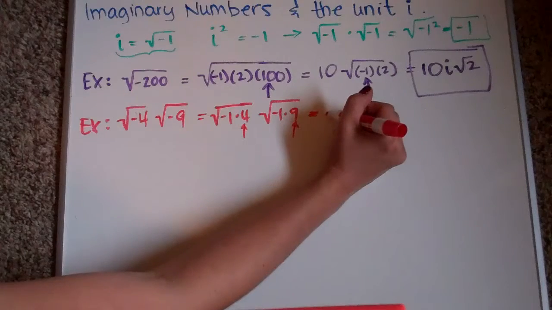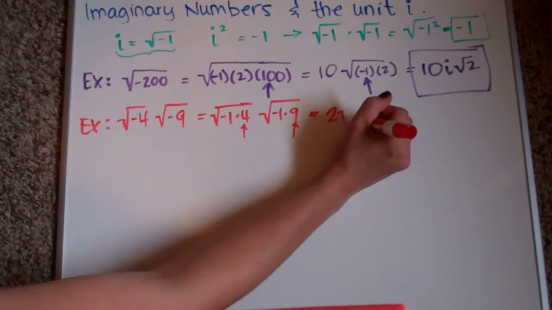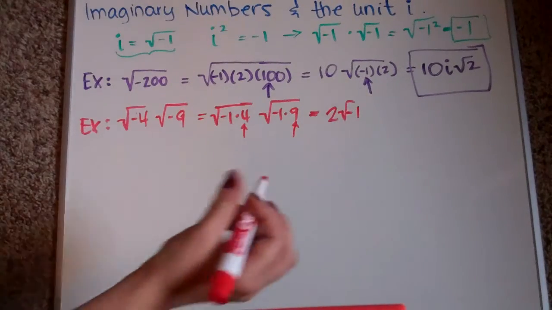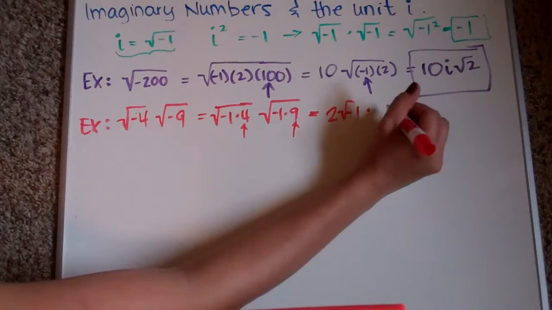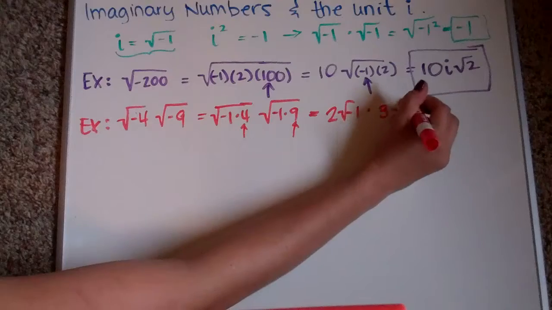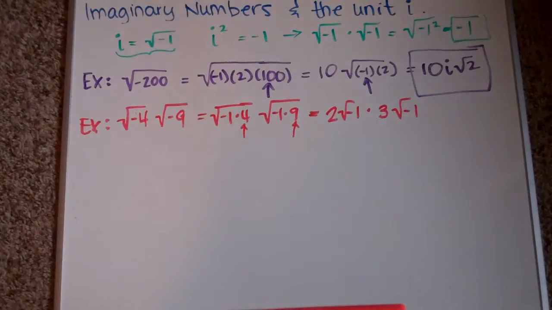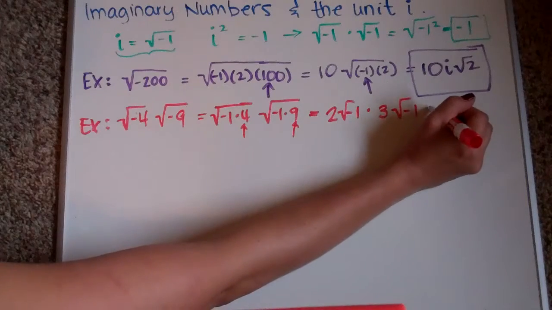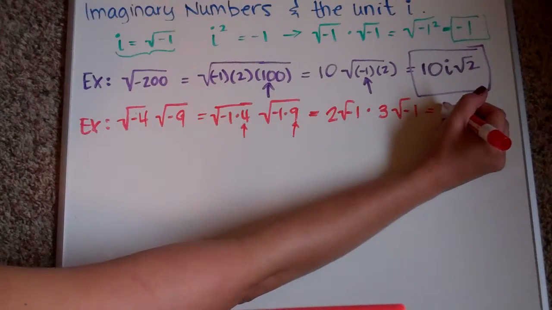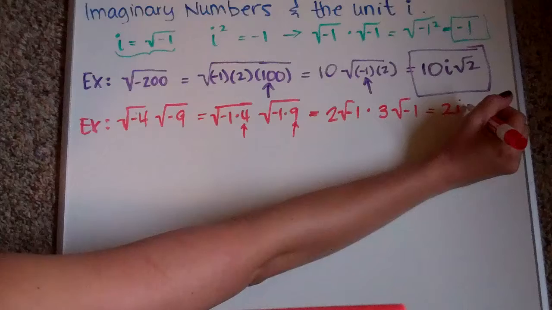So we say 2 times the square root of -1, and then that's multiplied by 3 times the square root of -1, and using what we have learned about the square root of -1s, we're going to say that this simplifies to be 2i times 3i.